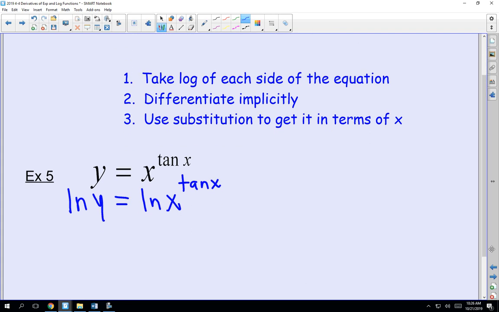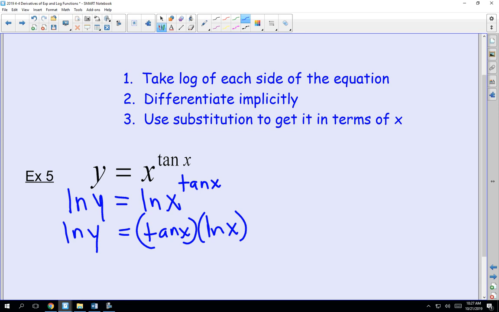Let's take the log of each side of the equation. Now the reason we take the log of each side of the equation is so that we can rewrite this right-hand side. We can write tangent of x times ln of x by the rules of logarithms. And that equals ln of y.